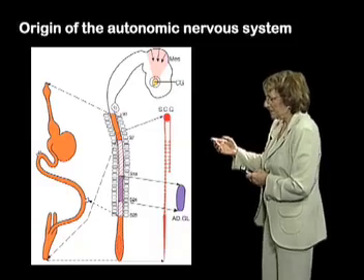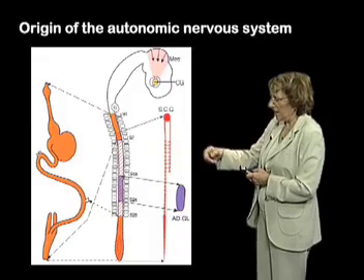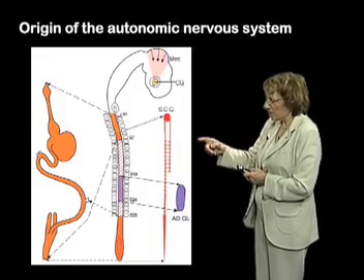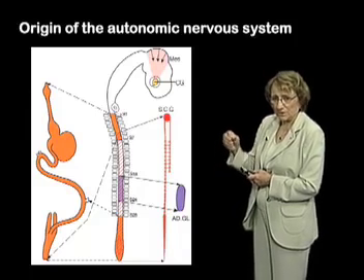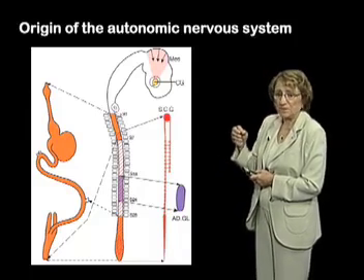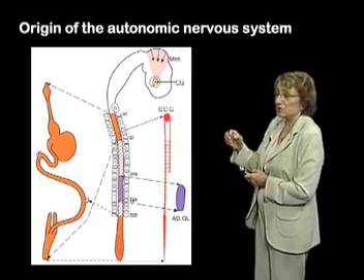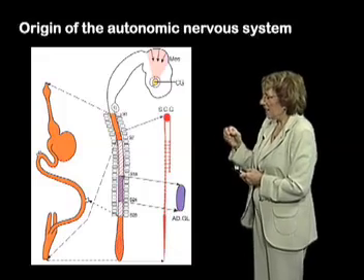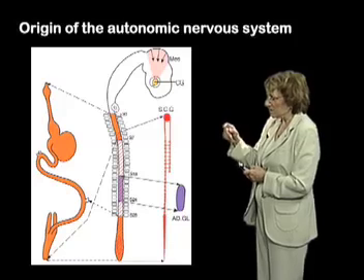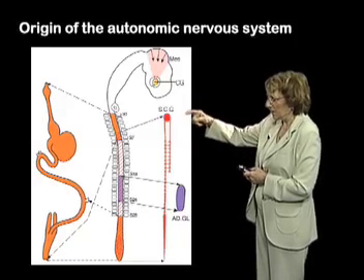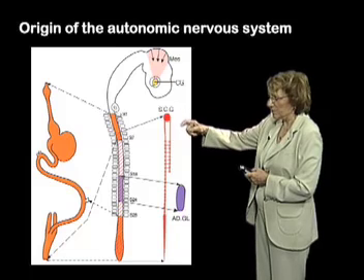As you can see here, we have indicated the gut on the left, and the gut is interesting for us because it is invaded by neural crest cells, which form two plexuses in the gut, the myenteric plexus and the submucosal plexus. And the origin of the cells of this plexus is located anteriorly, from the level of somite 1 to the level of somite 7.